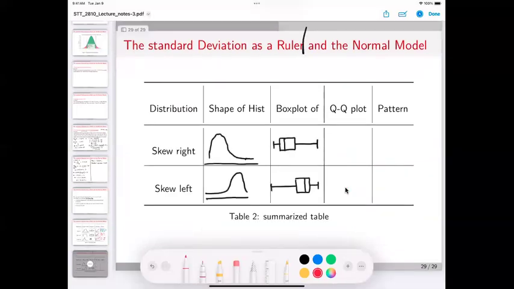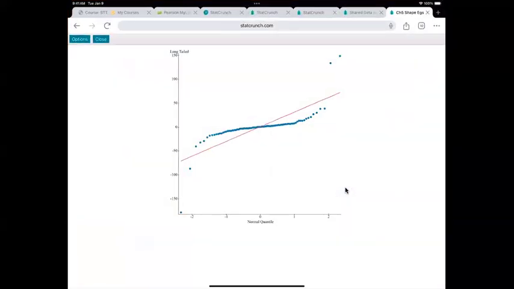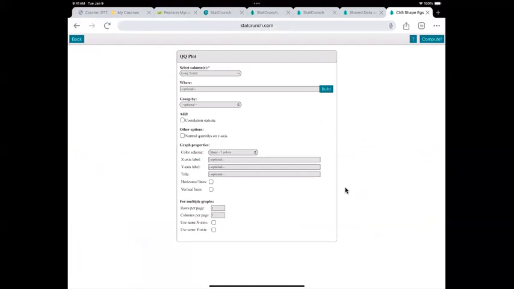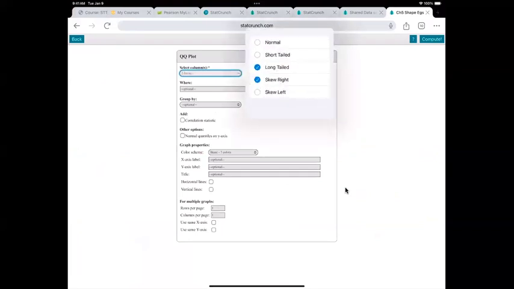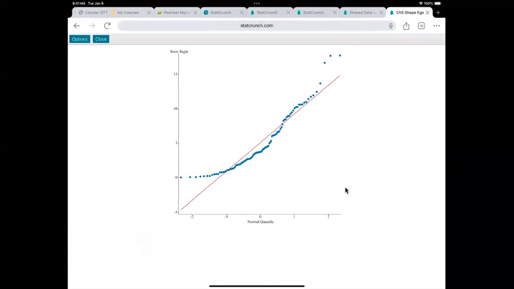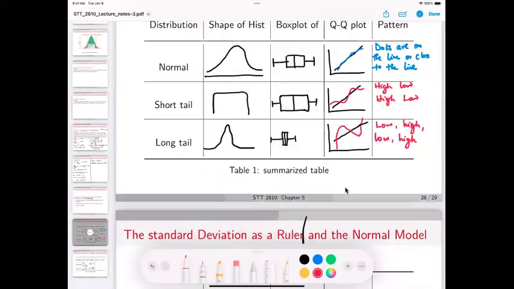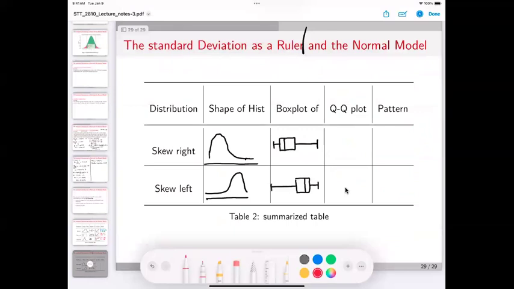Right skewed. Options, edit, right skewed. And then I hit compute. So what do you see? It's giving like a U, right? So this is high, and then low, and then high.